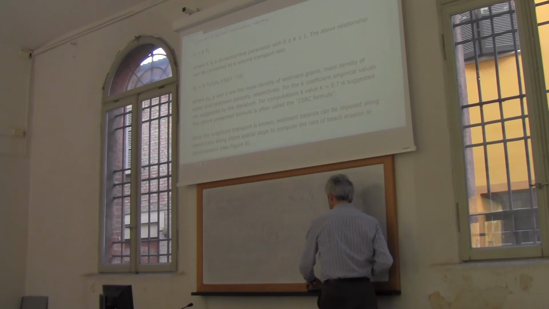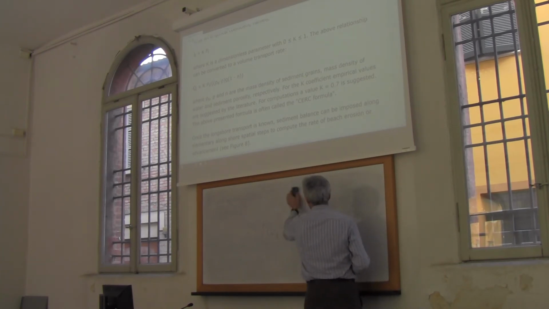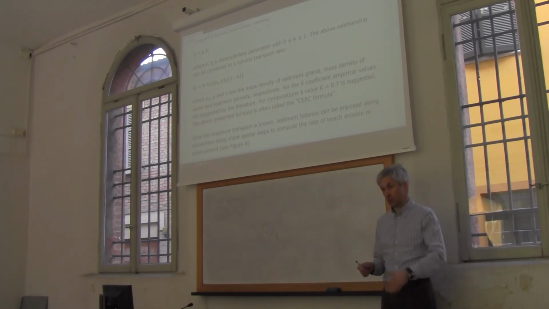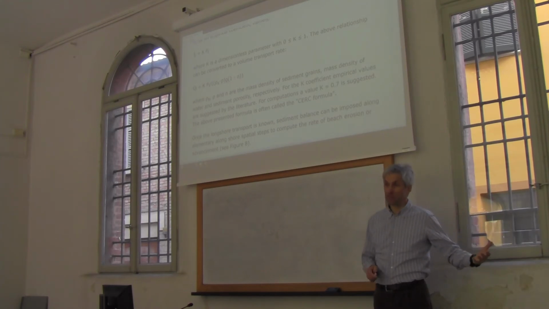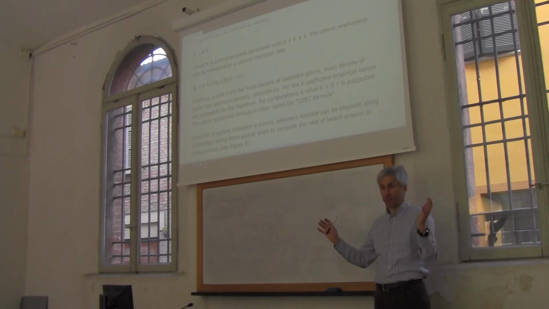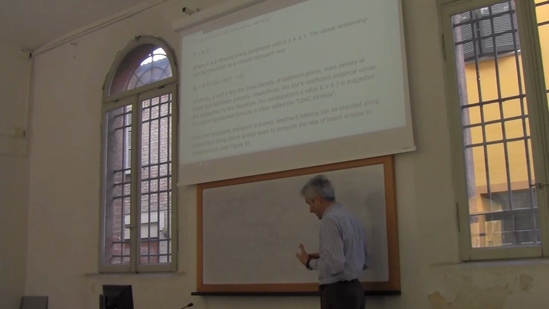And keep in mind, this is something that I assume to be a kind of constant. So straight coastline, waves that are approaching the coast with the same angle, same type of sediments, so same porosity, same everything. But actually, what happens in the real cases, it's a bit different.